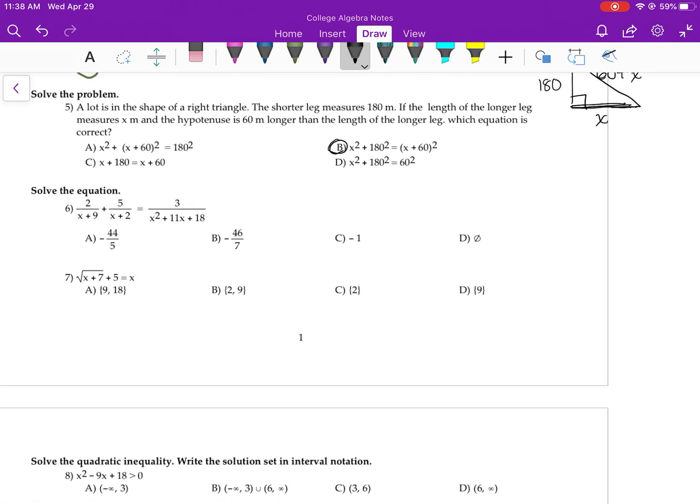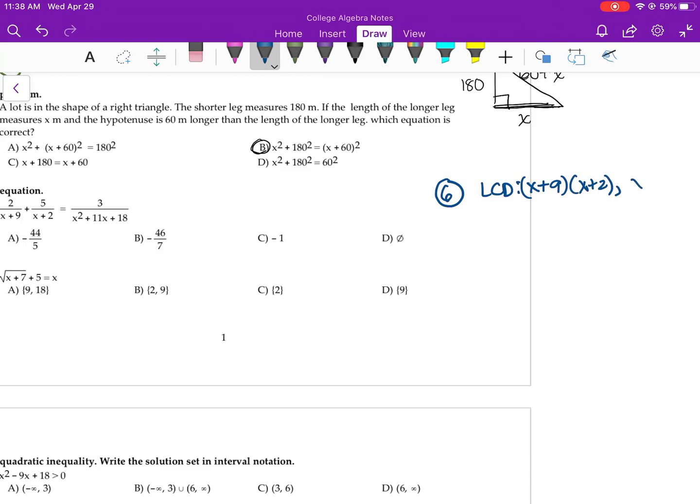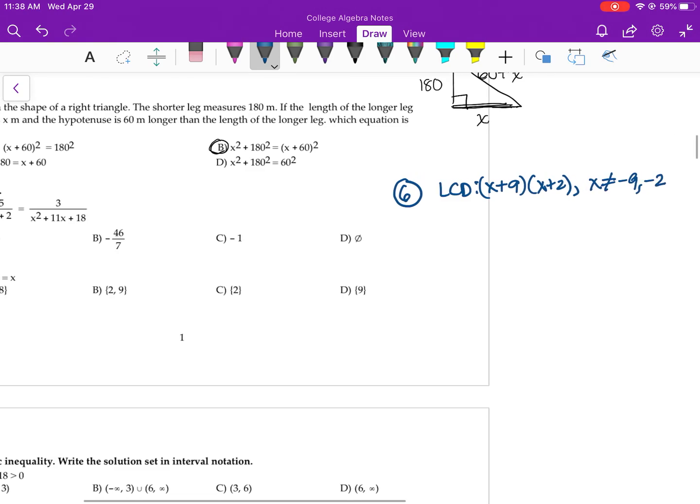Number 6. First, I'm going to pick out my least common denominator. It's going to be X plus 9 and X plus 2. Put parentheses around that. And it follows that X cannot equal negative 9 or negative 2.